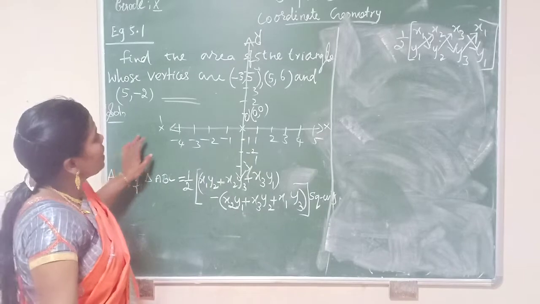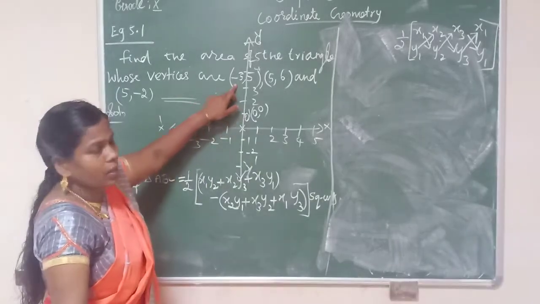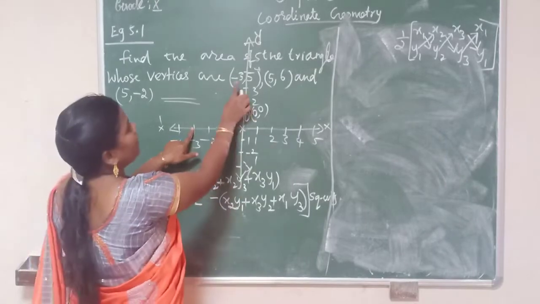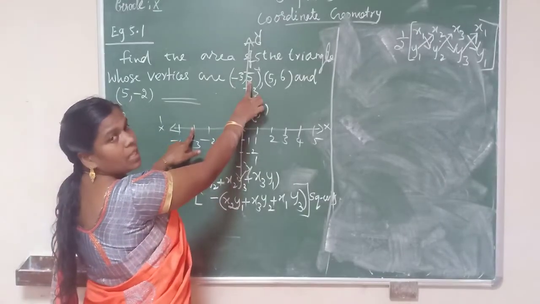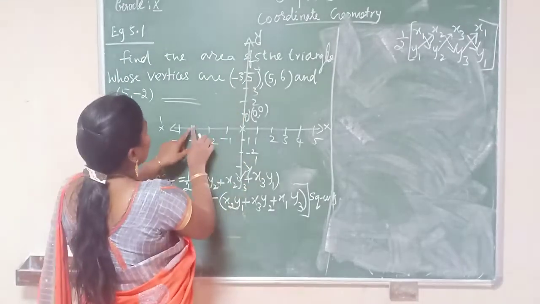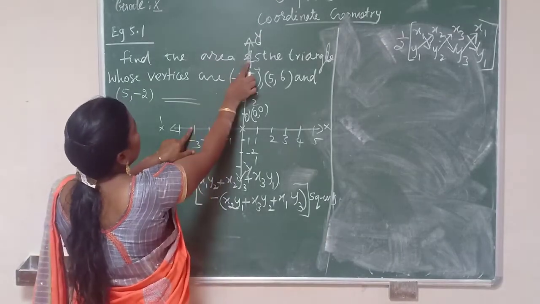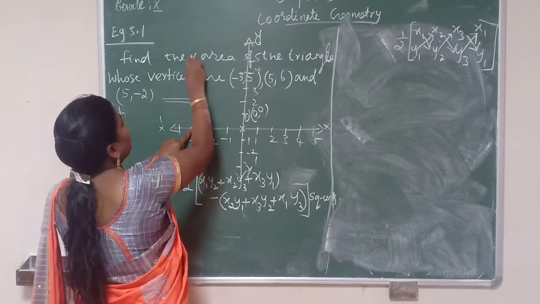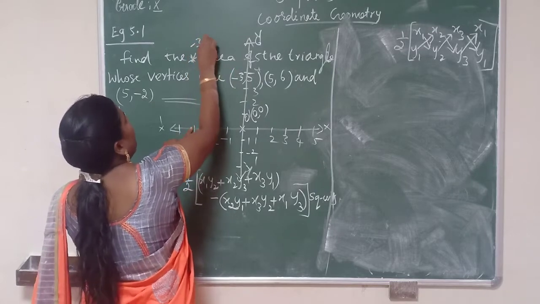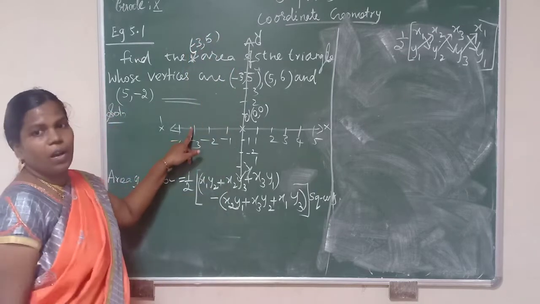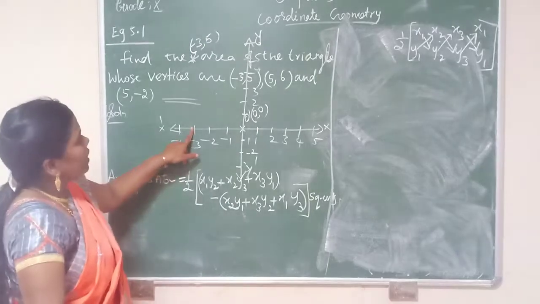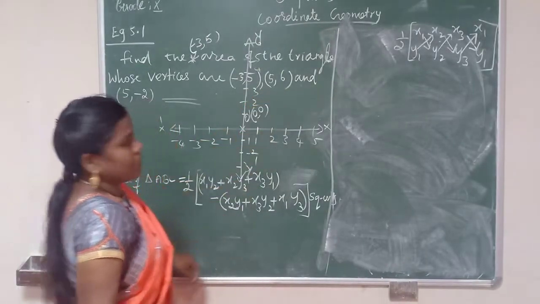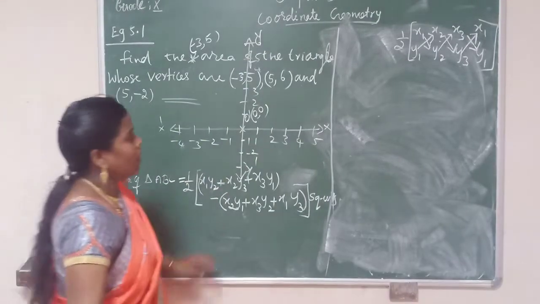First point is (-3, 5). Here x value is -3, y value is 5. So x value -3, corresponding y value here it is. So we plot that point: (-3, 5). First point over. The next point (5, 6): x value 5, y value 6.